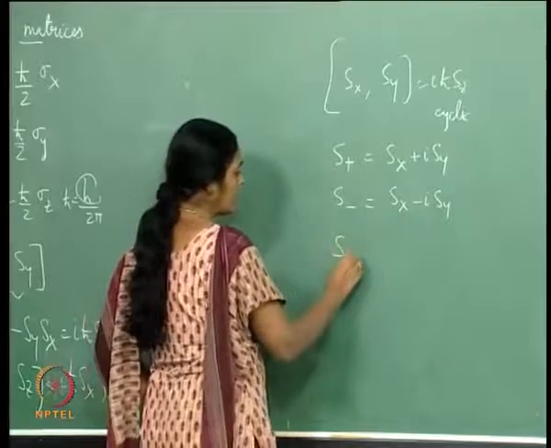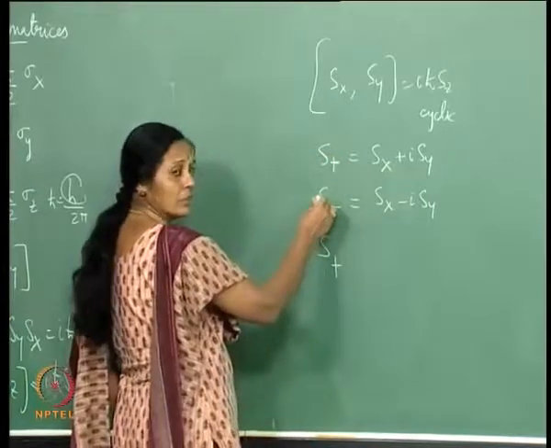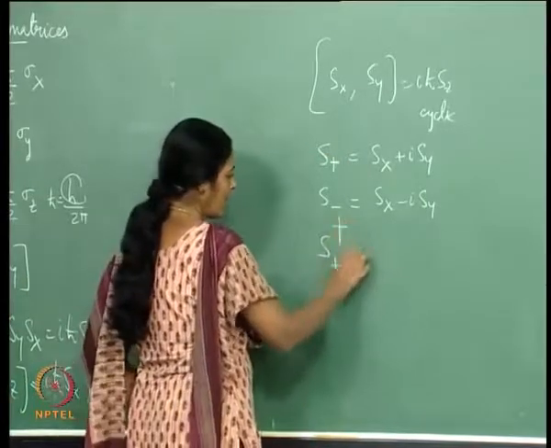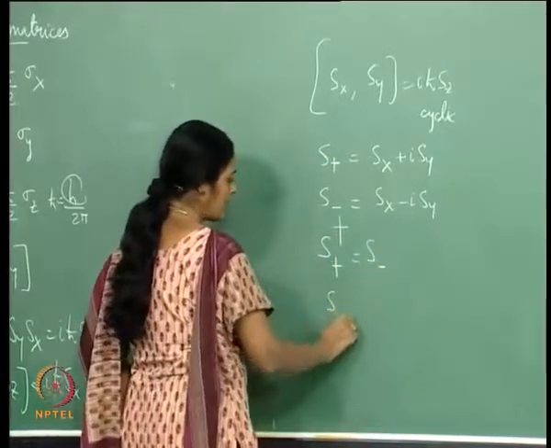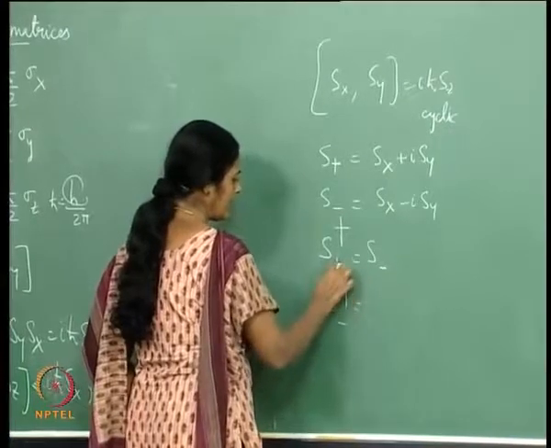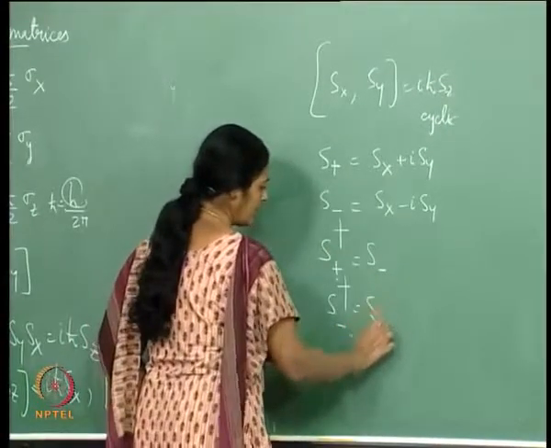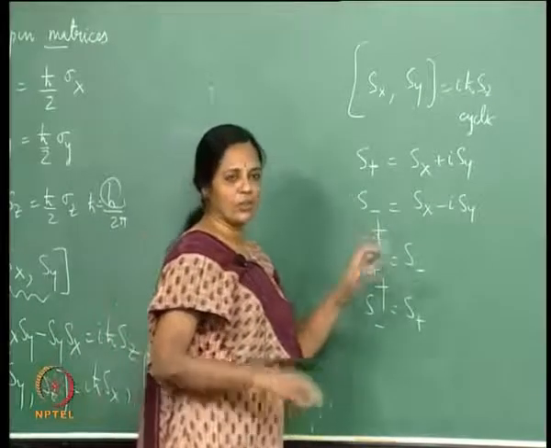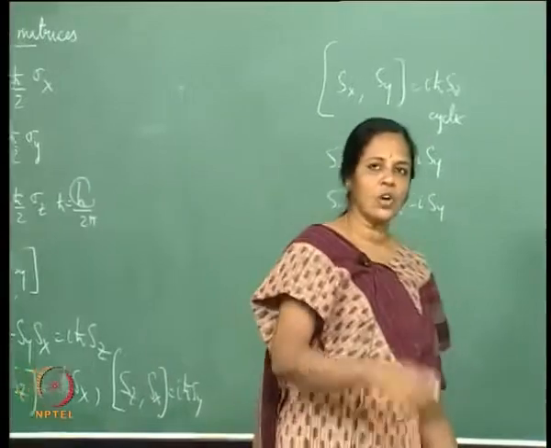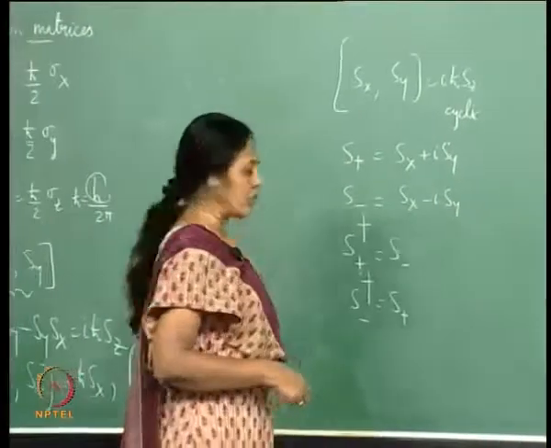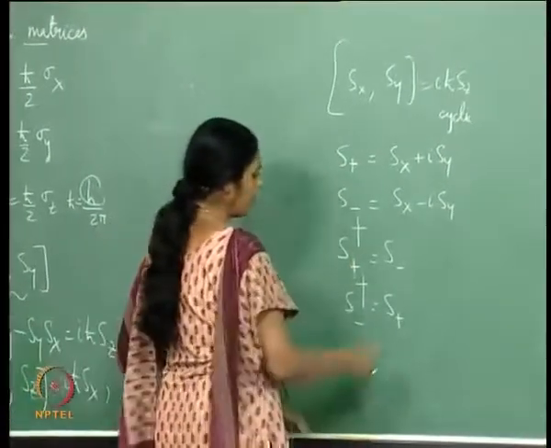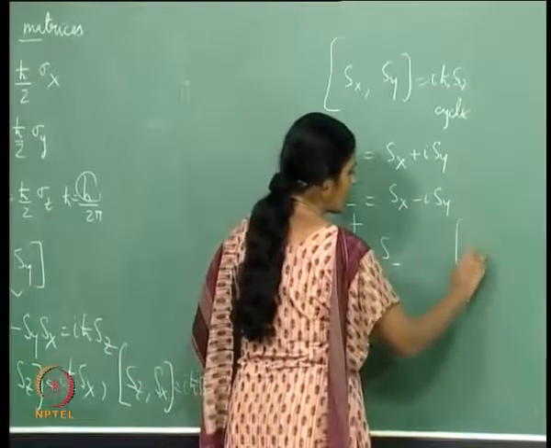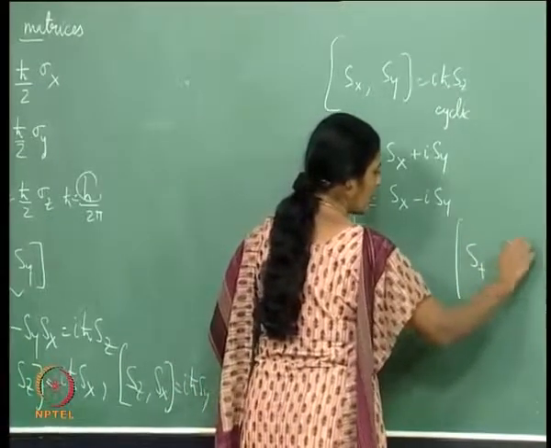It is clear that S plus and S minus are not Hermitian matrices, but S plus dagger is S minus, and S minus dagger is S plus. Dagger means Hermitian conjugate: interchange the rows and columns and take complex conjugates of all the entries. The algebra translates, and you can check this out, to this.